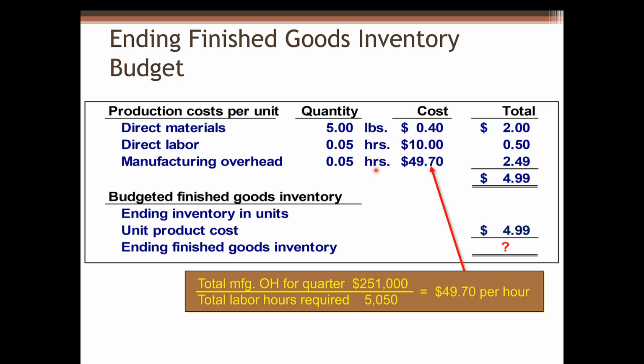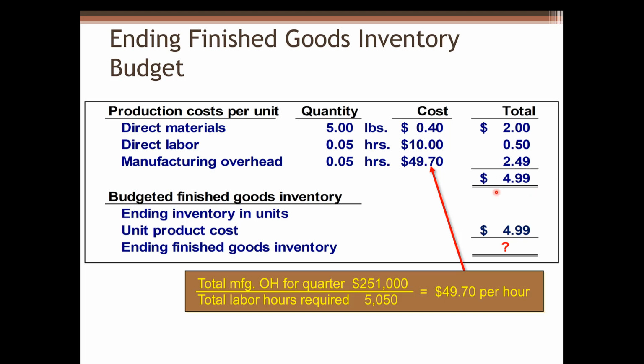For each unit, it requires 0.05 direct labor hours. Predetermined overhead rate, we just calculated. It's $49.70 per hour. So we calculate 0.05 multiplied by 49.70, and we get $2.49. This is manufacturing overhead cost per unit. We add up the 3 together, and we can get production costs per unit.